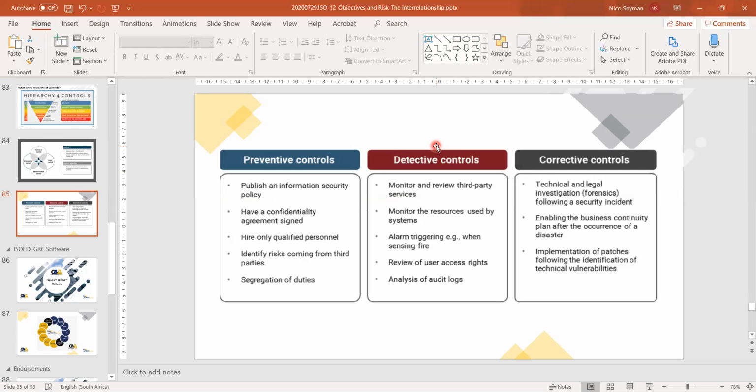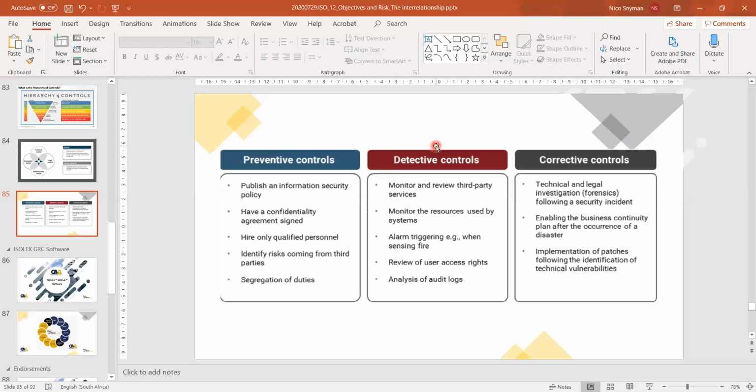If you're working with your house environment, your house has got an alarm, it has got a panic button, etc. The alarm has been installed to make sure that while you are sleeping, somebody is still monitoring the controls and the objective. Your objective is to be safe, and your detective control is to detect any movement in your house that is not authorized.